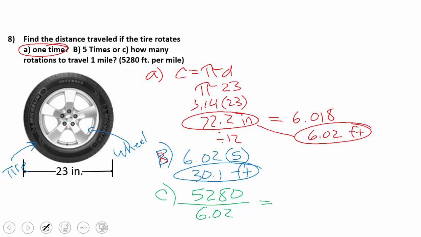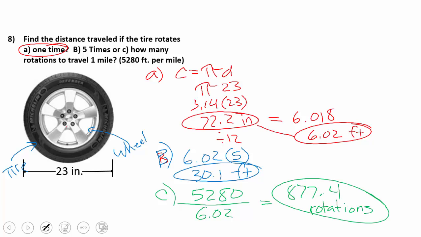And when I divide that out, I get 877.4 after I do the rounding. It's 877.3 something. Anyway, I'm rounding up to 4. And of course, that's rotations this time. My tire goes around 877.4 times, almost 877.5 times.